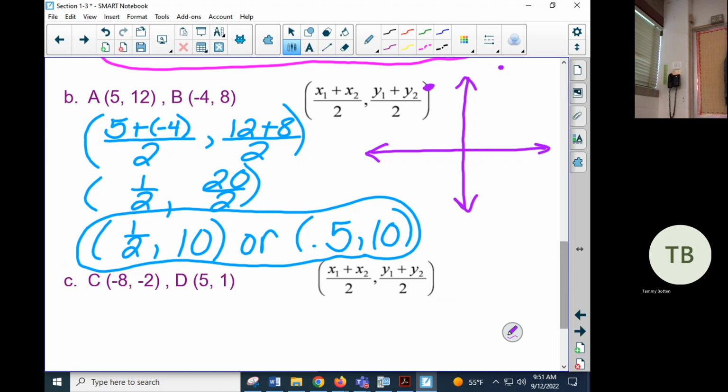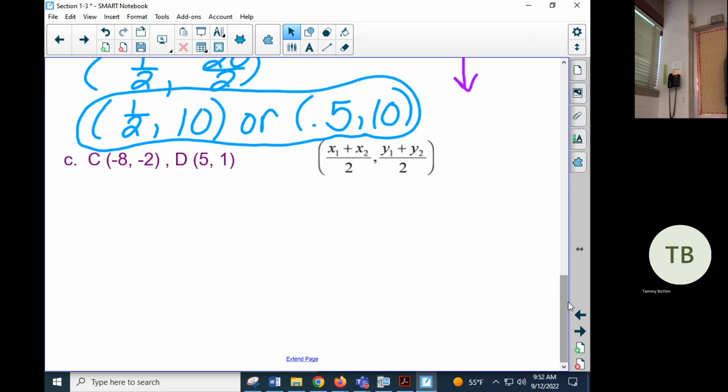And we got 0.5, 10. Of course my graph isn't exact. So you're looking for, is this going to be between those two? If I connected this segment, would this be halfway between those two? And if I drew it to scale, it would be. That's what it means.